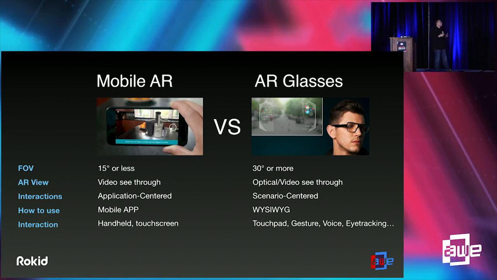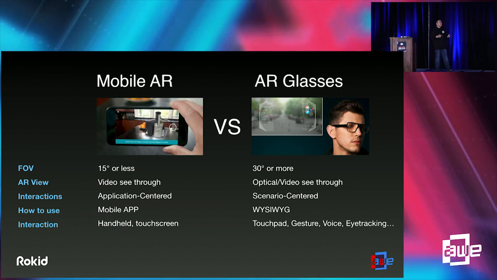All the interaction is based on the screen and mobile apps. So the interaction is limited to holding the smartphone, turning and rotating it via the IMU, or using your finger on the touch screen.